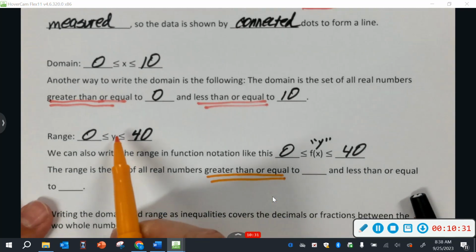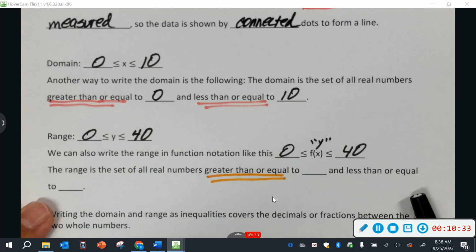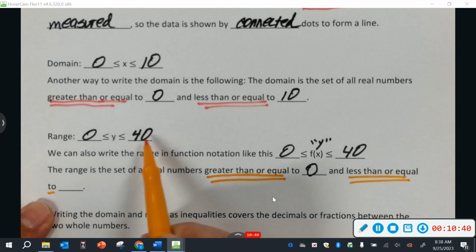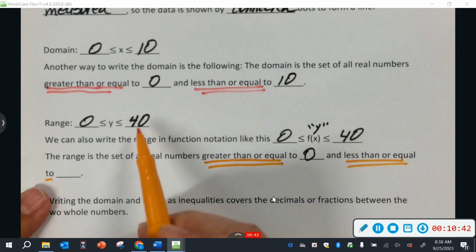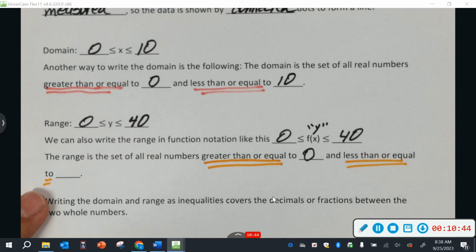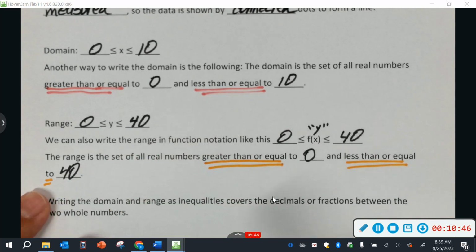So y is going to be greater than or equal to 0. And at the same time, it's going to be less than or equal to 40. All right, so on your test, you're going to see both ways. So you got to make sure you understand these words.